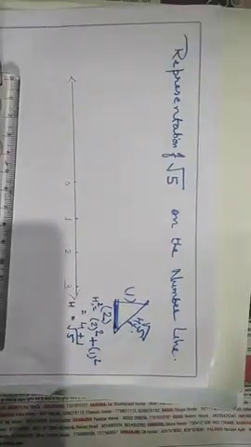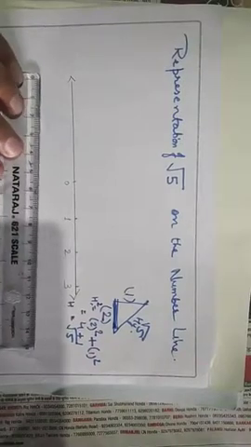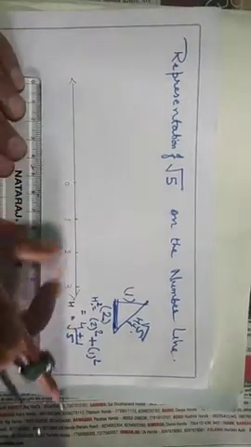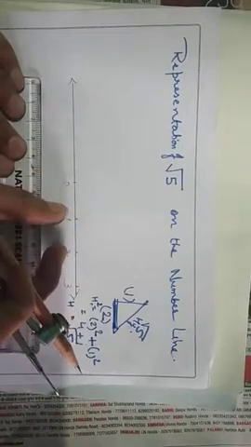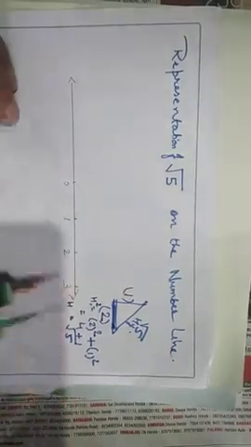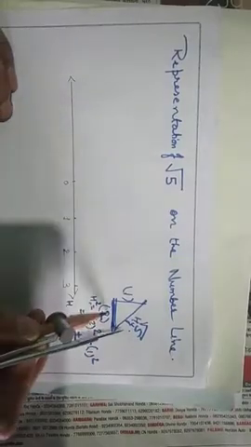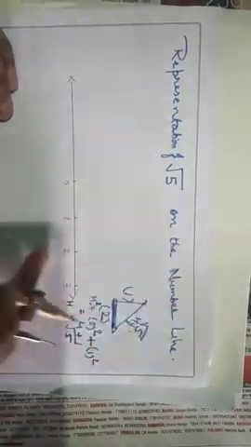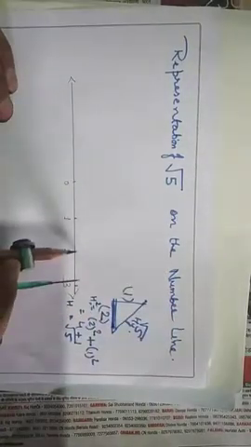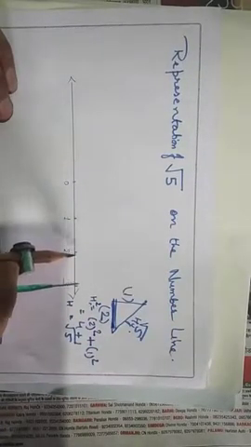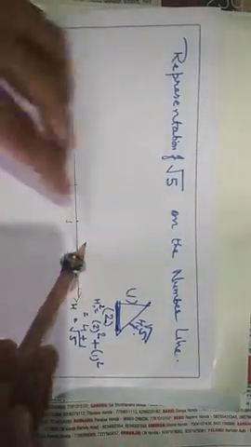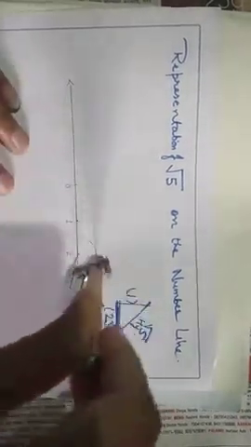Let's see how. For this we have taken the number line, and this distance should be equal. This is 1 unit, 2 unit, like this. So we have to take 2 units here in the base, and again we will draw a perpendicular here, at this point on 2. How to draw the perpendicular? You know, 90 degree. First make 90 degree here.